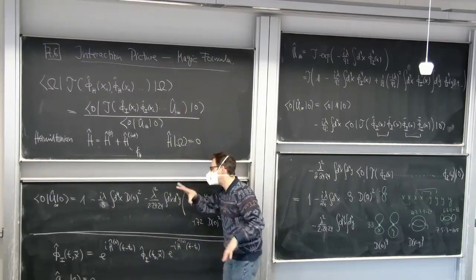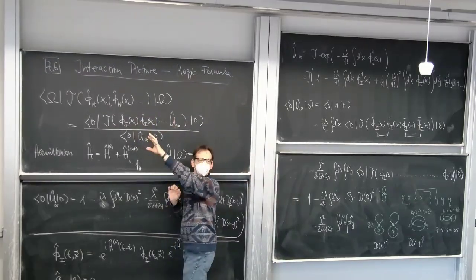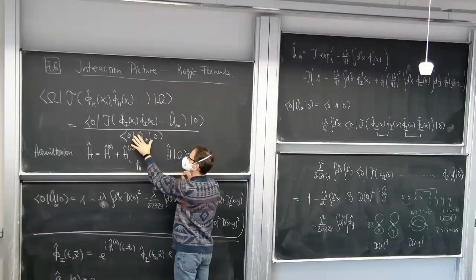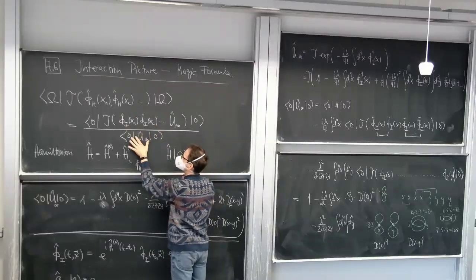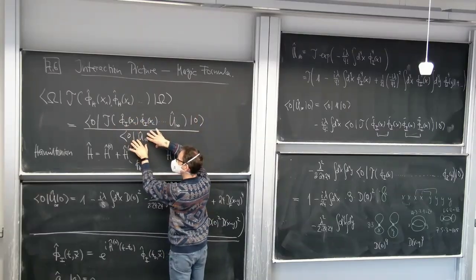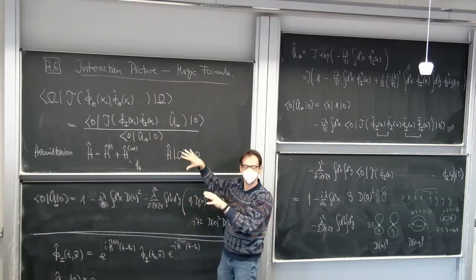In fact, the entire denominator will be a factor in the numerator. This is a lesson that you're supposed to learn at the end of this week: that the numerator can be factored into something, and the denominator is going to cancel entirely.